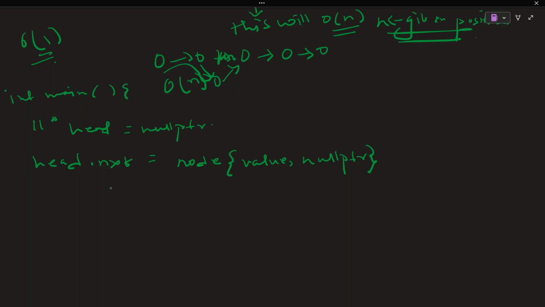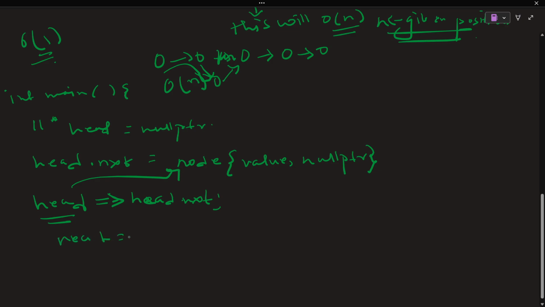If this would become that, then head would equal head dot next over here, and this points to this new node, and head dot next will be a null pointer because we stored that in the head value. So according to that, we have done an add operation over here. This is how an add operation should work.